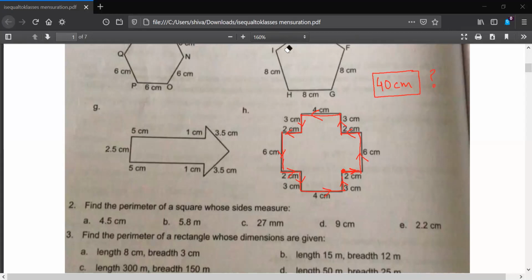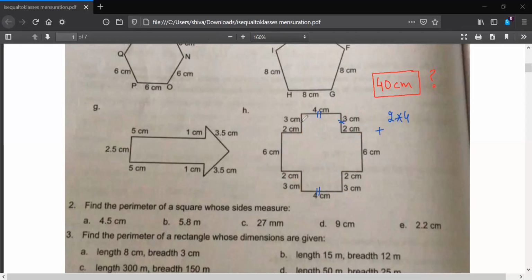Now, I'll take a shortcut and you can also use that shortcut if you want. See, what I'll do is, this is 4, this is 4. So I have twice of 4 plus.